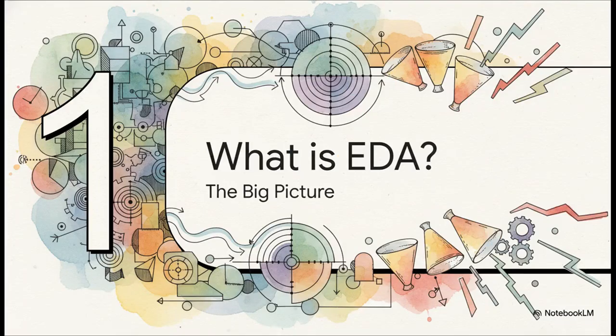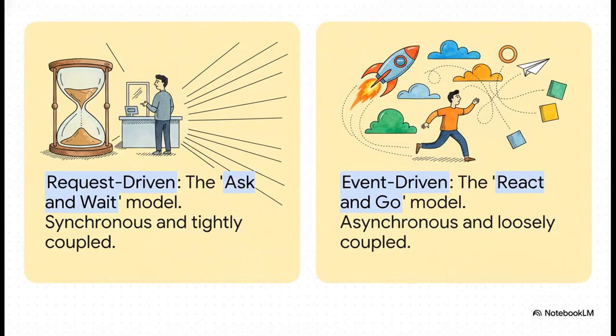Okay, so with that in mind, what is event-driven architecture, really? Let's look at the big picture. At its core, it's a software style that's designed completely around producing, detecting, consuming, and most importantly, reacting to these events. It helps to compare it with the traditional model. The request-driven world is all about ask and wait.